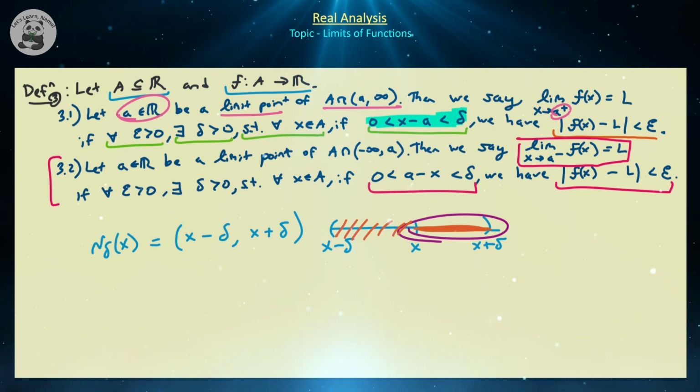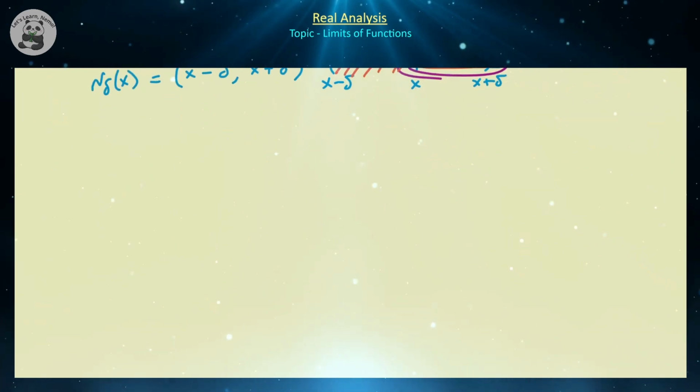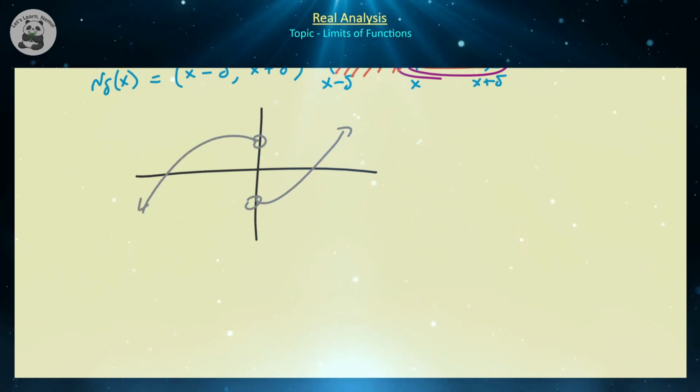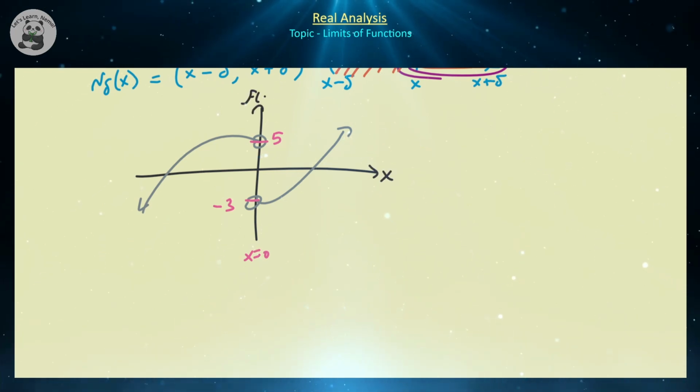Okay, so let's look at a little diagram to illustrate this. Let's assume that we have this type of picture here. Let's assume that this is like 5 and this is like minus 3. And let's assume that this vertical line corresponds to x equals 0. Let's assume that this is x and this is f of x and this is f.